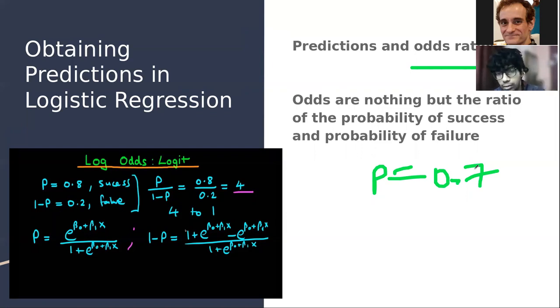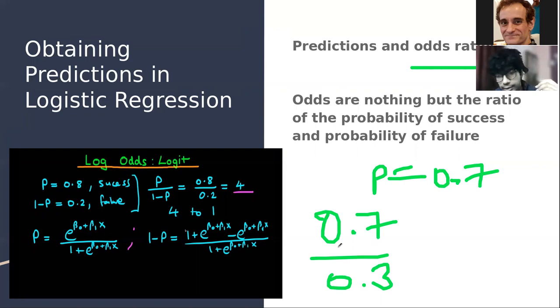Usually first we start with odds ratio, and odds ratio is the ratio of success, which is 0.7, upon the ratio of failure, which is 0.3. Now success can be anything. Success can be failure as well. Don't get hung up by this term. Success is just the thing which you are concerned with. It might be a negative thing as well.